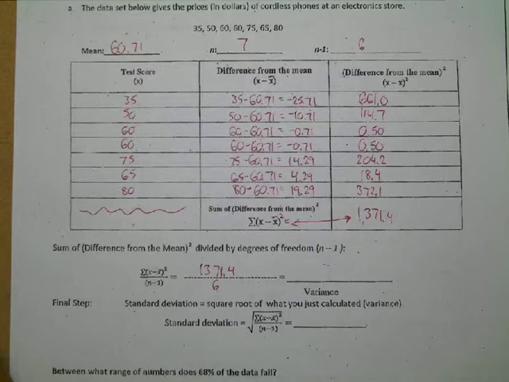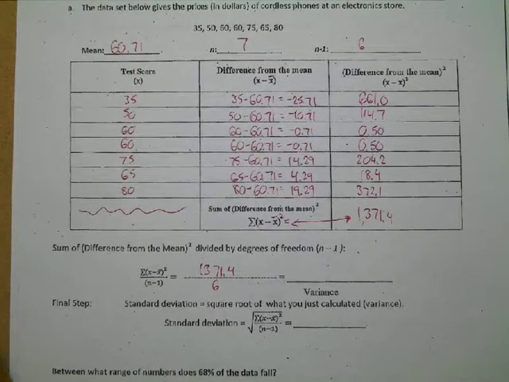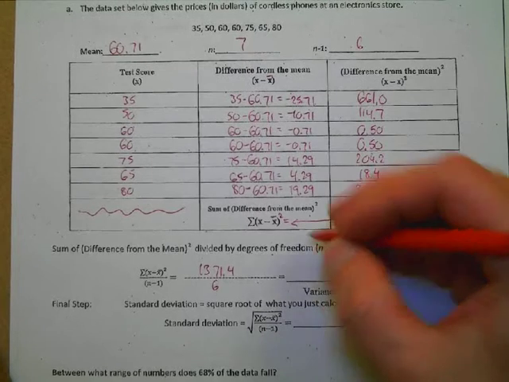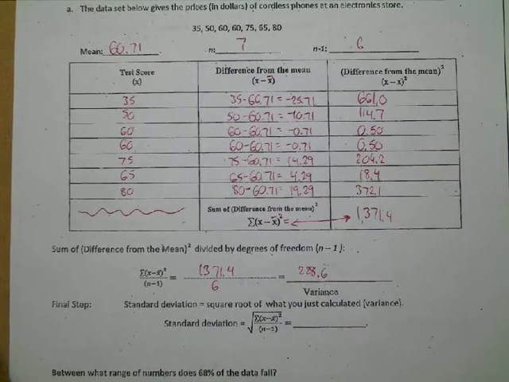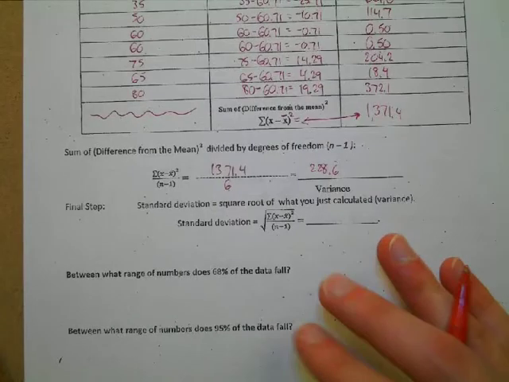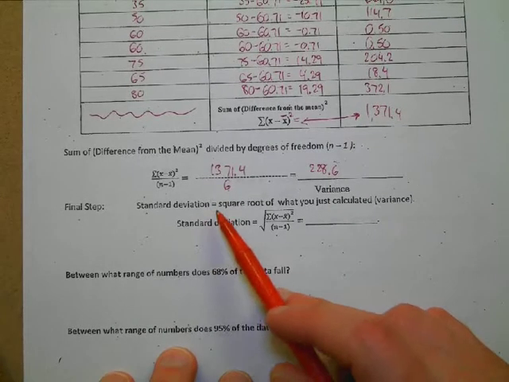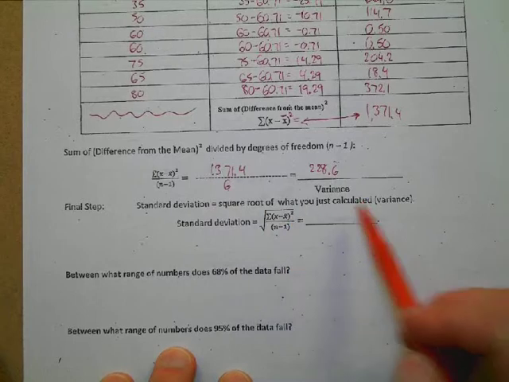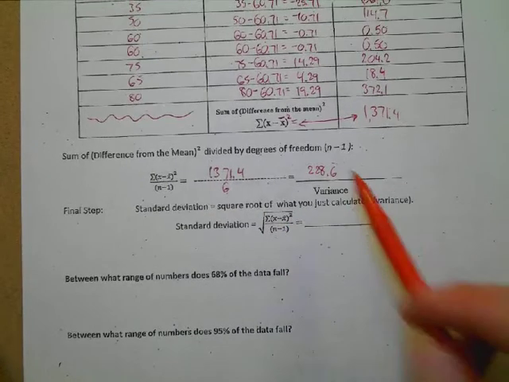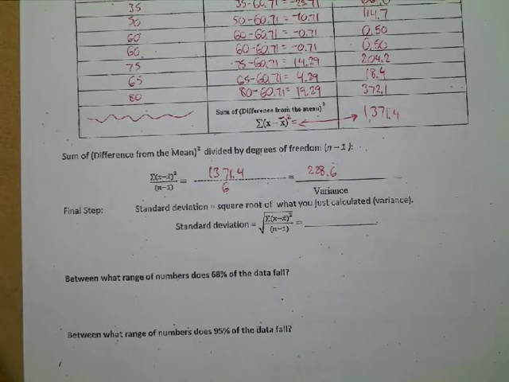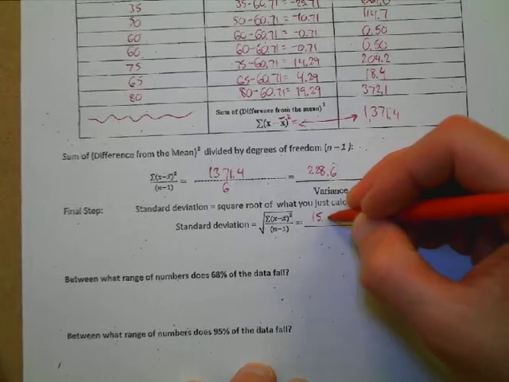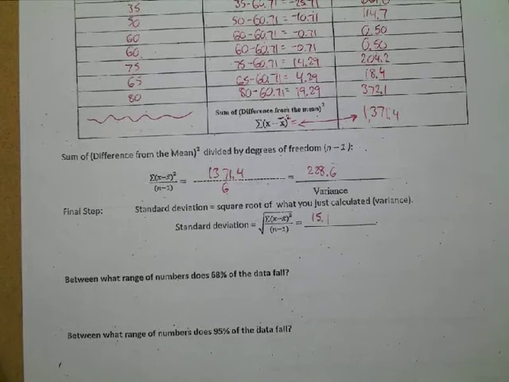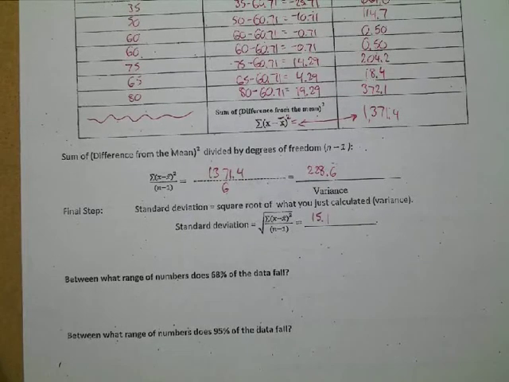Okay, so 1,371.4 divided by 6 gives us 228.6, if I round. That's our variance. To get the standard deviation, the standard deviation is the square root of what you just calculated, the variance. So square root the variance there. 15.1. There's our standard deviation.